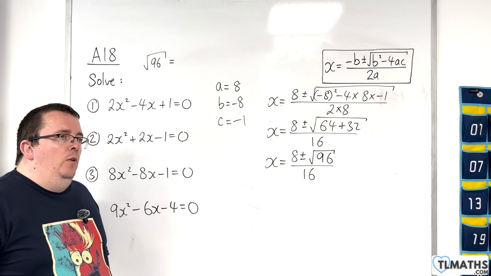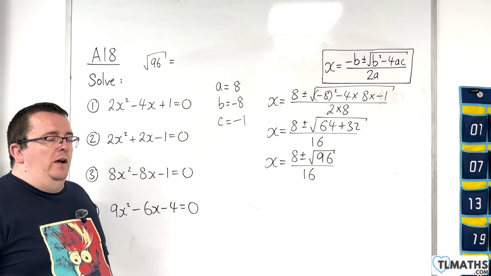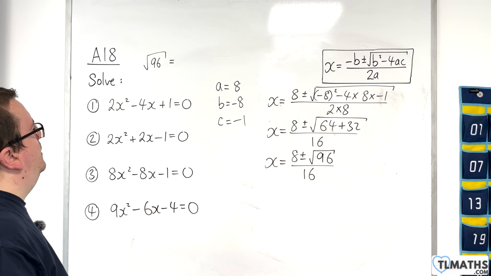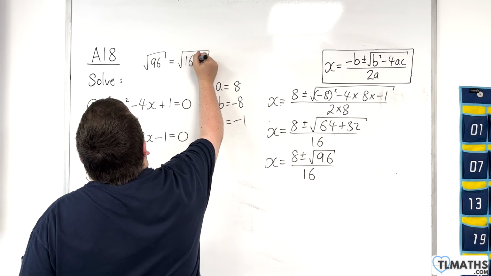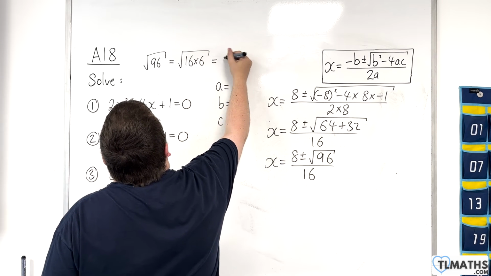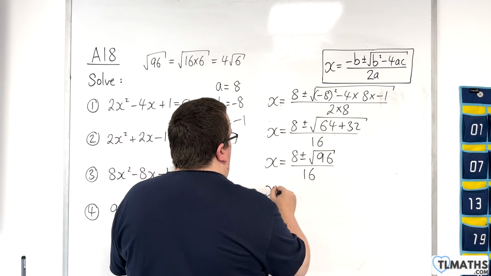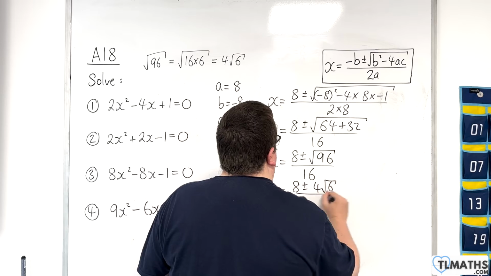Now, 4 definitely goes into it. 16 goes into 96 as well, 6 times. So this is 16 times 6, so that's 4 root 6. So x is equal to 8 plus or minus 4 root 6 over 16.